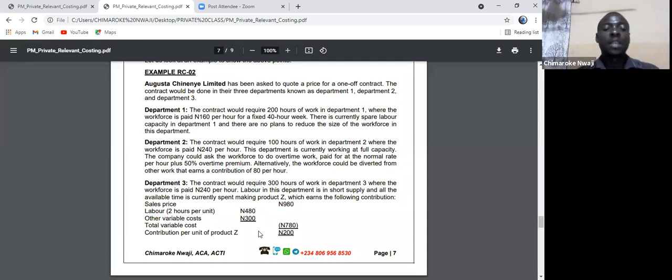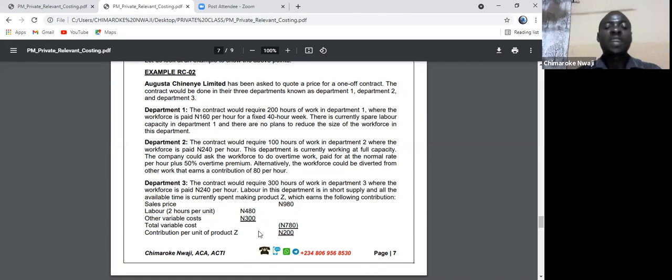Department 3. The contract will require 300 hours of work in Department 3, where the workforce is paid 240 naira per hour. Labor in this department is in short supply, and all the available time is currently spent making product Z, which earns the following contribution. We have selling price is 980, labor hours, we are told 2 hours per unit for 480.